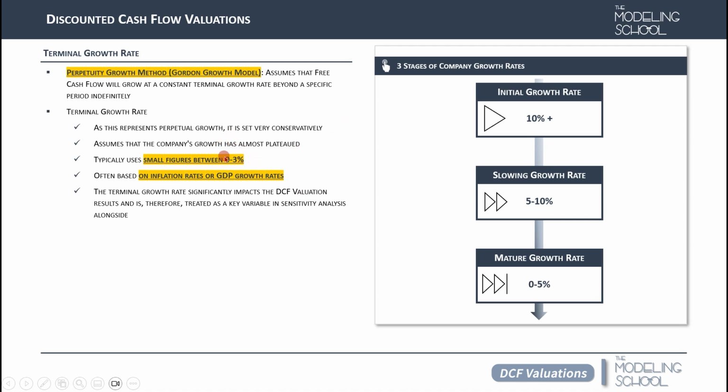I think in most cases, we commonly see numbers between 0 to 3%. I think 4 or 5% is going to be considered too aggressive, and maybe 3% is also going to be considered very aggressive. So generally, I would say maybe 1 to 2%, maybe 0.5%, somewhere in that range, plus or minus, is appropriate.